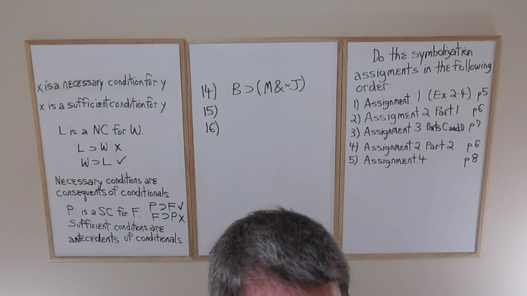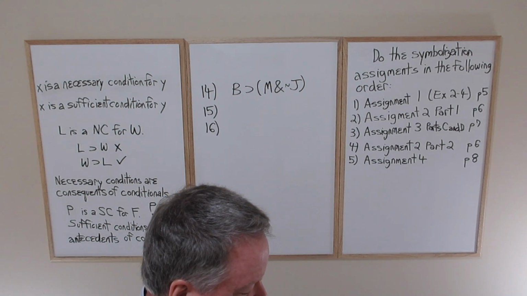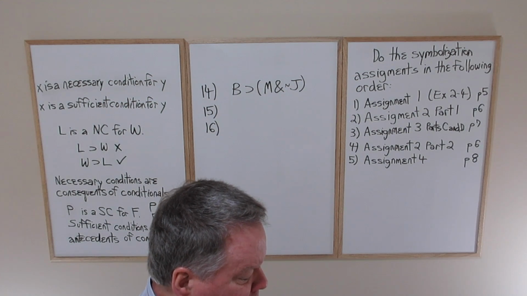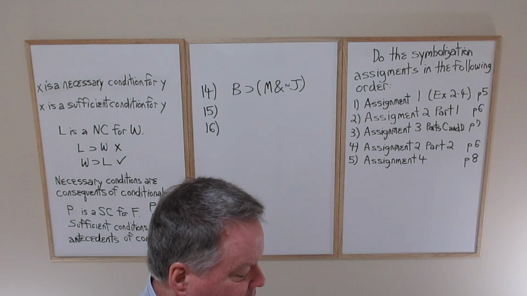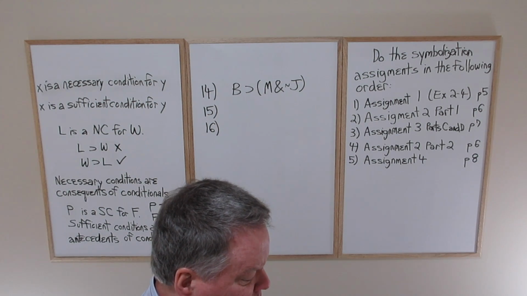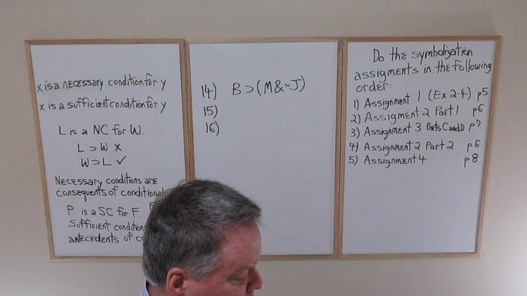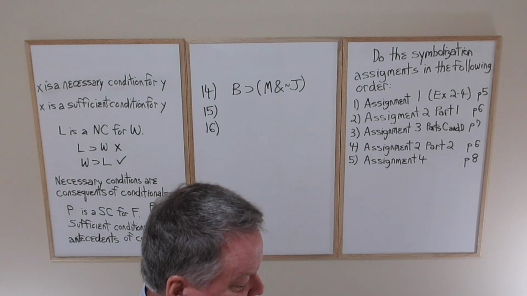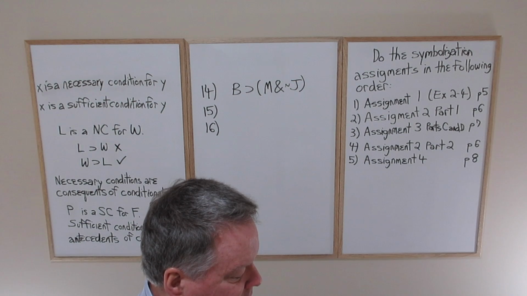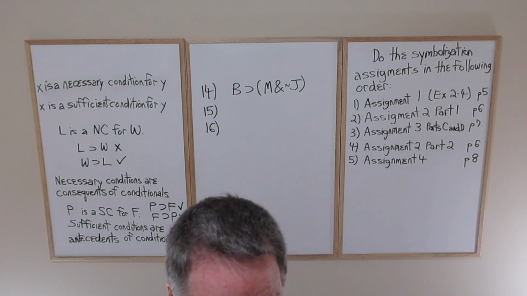With that in mind, we turn to assignment 3, question 15. Erin's being penniless is a sufficient condition for her being miserable. So we've got two simple sentences. Capital P, Erin is penniless. Capital M, Erin is miserable.